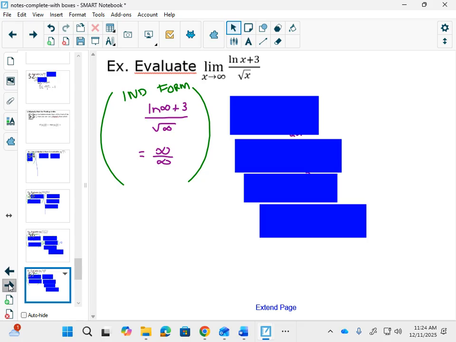You could write infinity over infinity and say indeterminate form in brackets, right? It is assumed that you know the end behavior of all of the graphs that you have. So you know the end behavior of natural log, right? Here's your natural log graph.